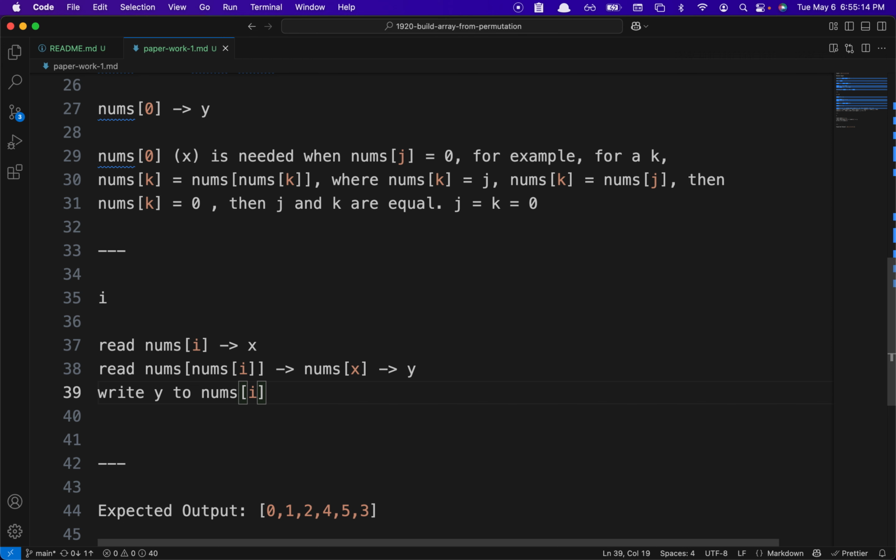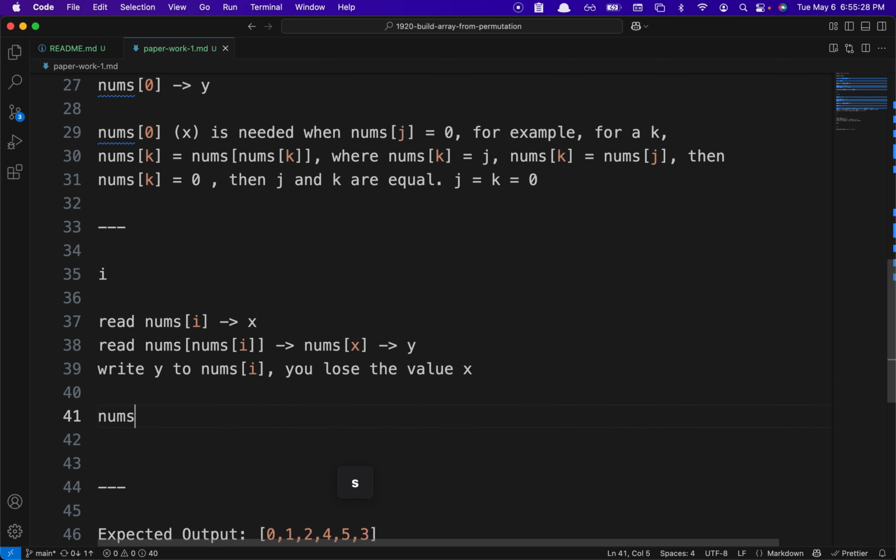And you lose x. You lose the value x. So who else will require x? Who else will require nums of i? Who requires nums of value x?